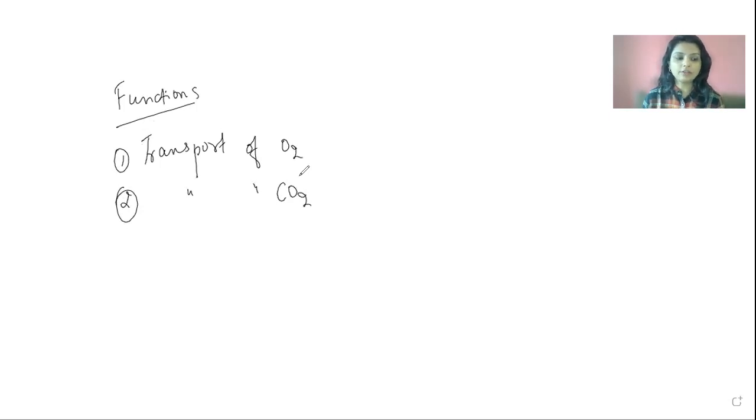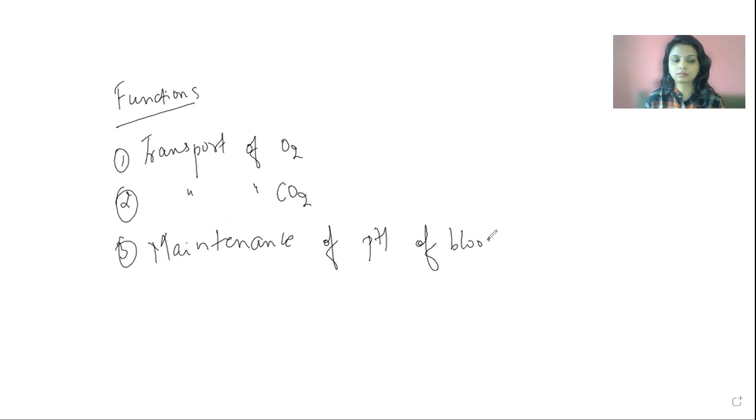Another role it plays is in the maintenance of the pH of blood. It helps to maintain the pH of the blood, because hemoglobin is an excellent acid base buffer.